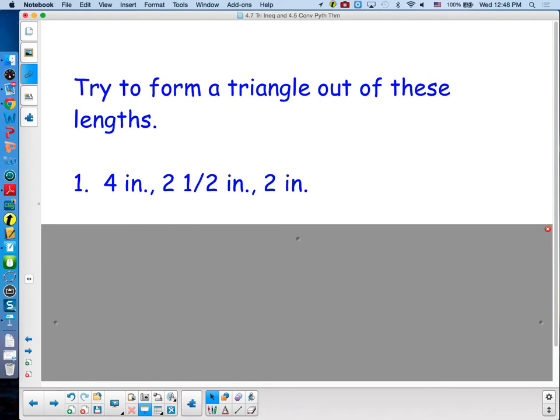Okay, with your straight edge, draw your triangle. I'm just going to freehand it, but that made a triangle, right? We had 2 inches, 2.5 inches, and 4 inches.